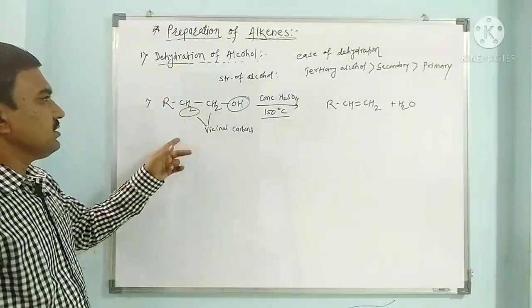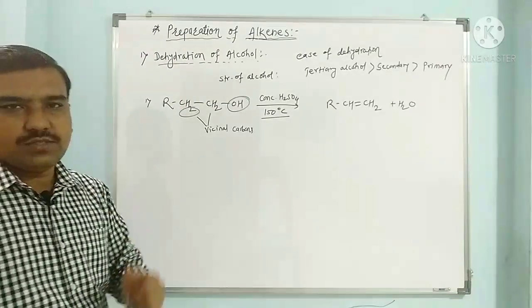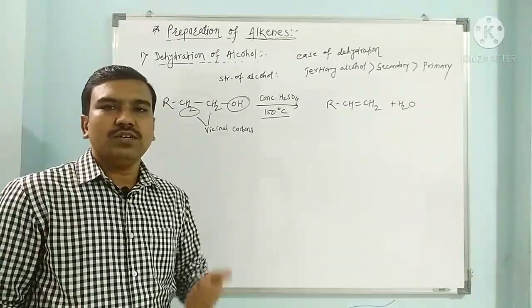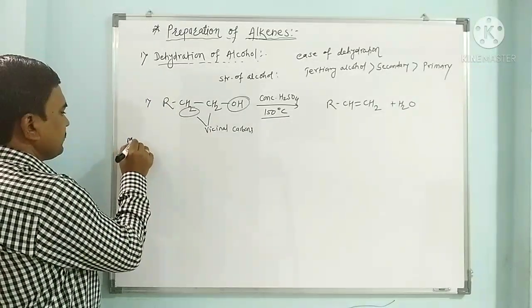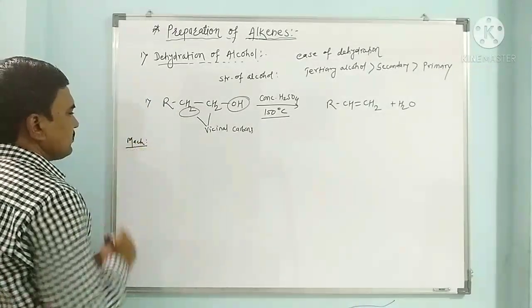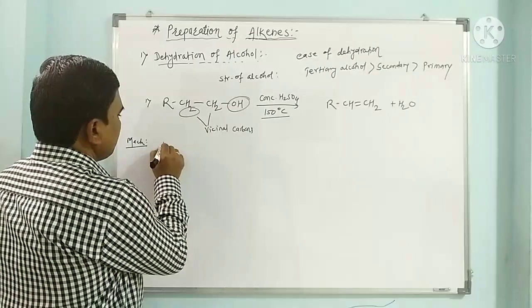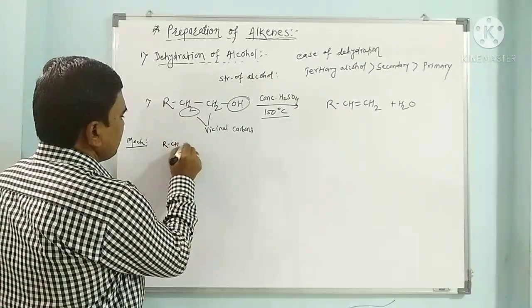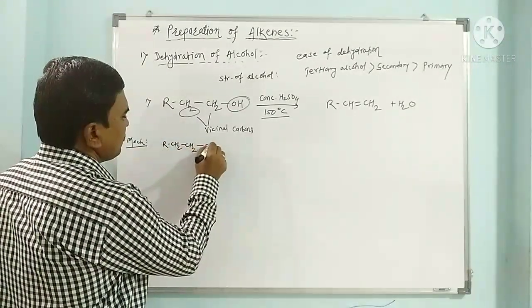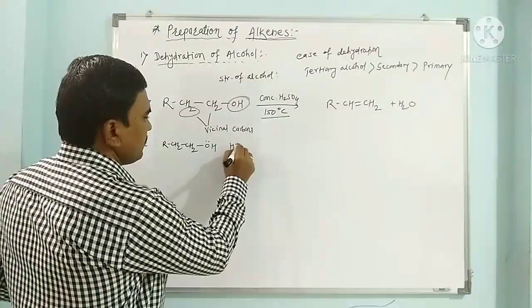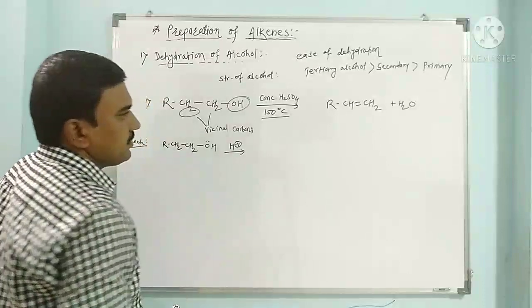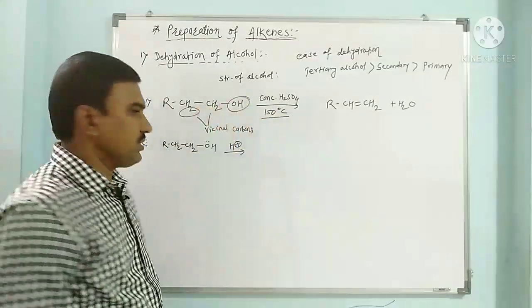Here, the dehydration actually involves two steps: one is protonation of the alcohol and the second is dehydration. If you see the simple mechanism in short, in RCH2CH2OH, the lone pair attacks the proton released by concentrated sulfuric acid.